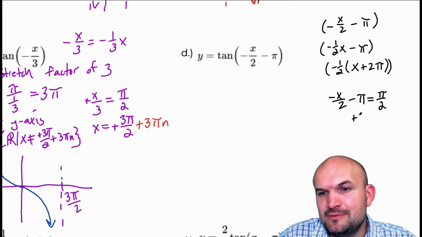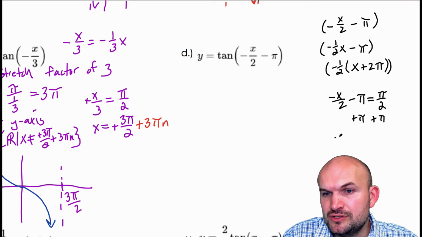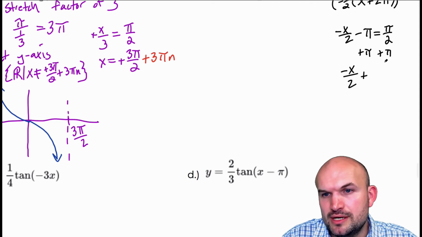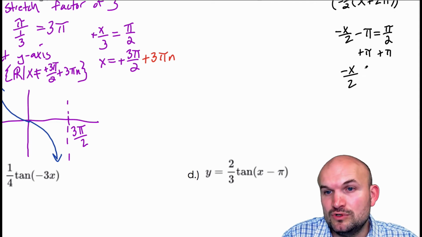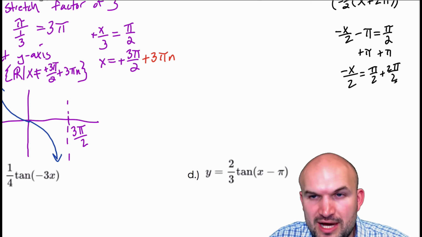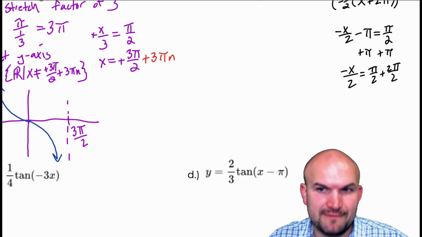When I add pi to both sides, I'm going to change pi to 2 pi over 2. So this would be negative x over 2 plus pi equals pi halves. And instead of pi, I'm going to write it as 2 pi over 2, because 2 pi over 2 is the same thing as pi.